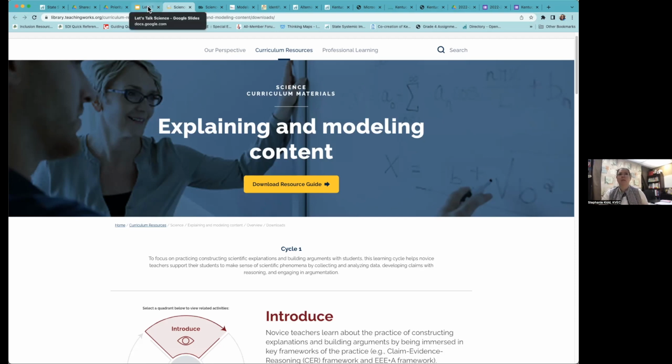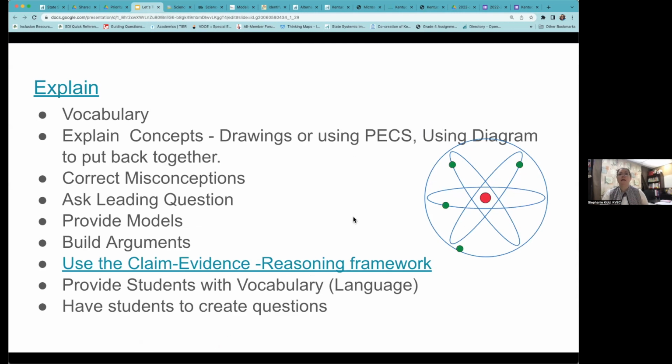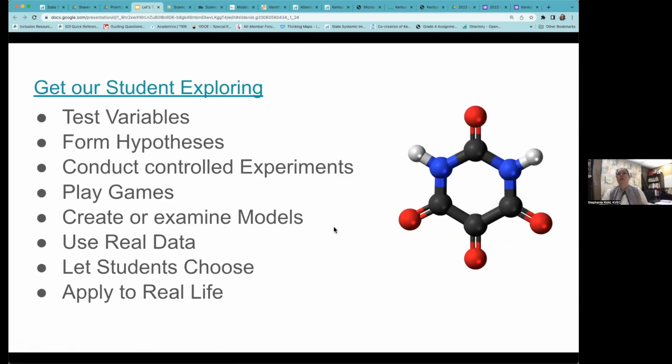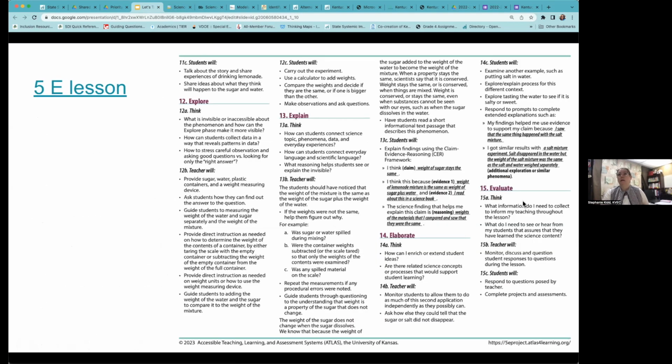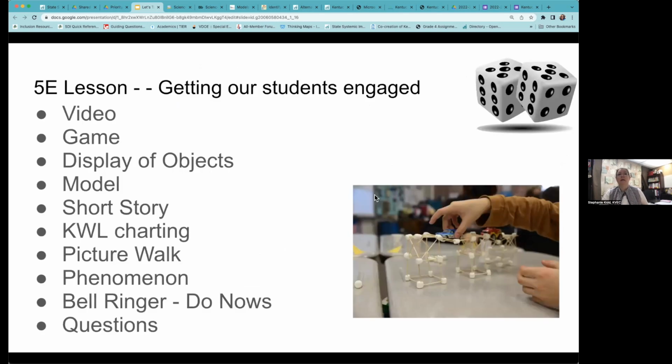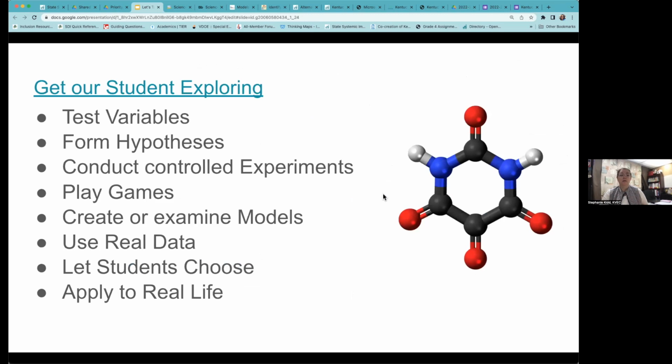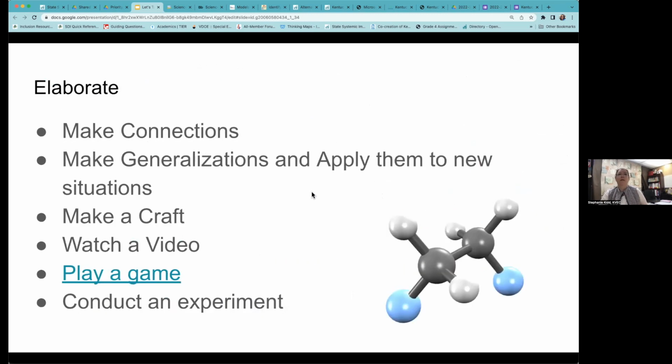So I'm sorry, I'm not able to get that one to come up, but like I said, it's in that download that you'll find this claim evidence reasoning, which went back to, like I said, when we're looking right here, this is that claim evidence reasoning. And I think this is one of the beginnings. And then the science finding that helps, which is the reasoning. But like I said, it gives you a good one on decomposing in there. So that's one that you can do.